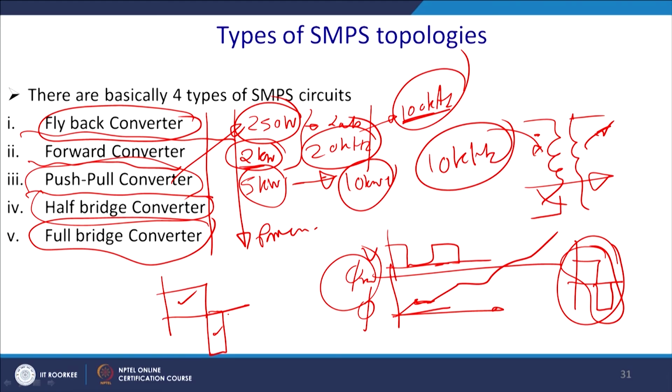And then the stress across the switch becomes higher, and it should also have reverse blocking capability. So, this is one of the challenges. You will see how you reset the flux. The sooner you try to reset the flux, the higher the stress across the switch.